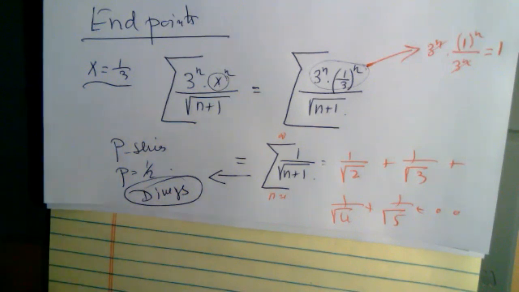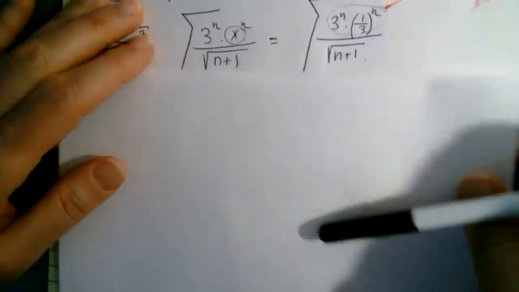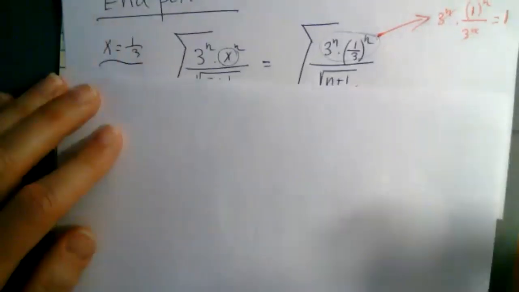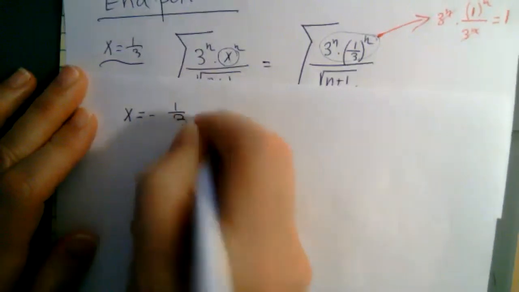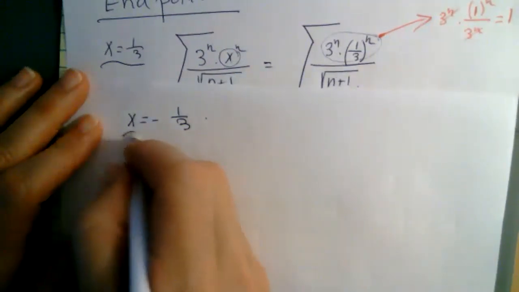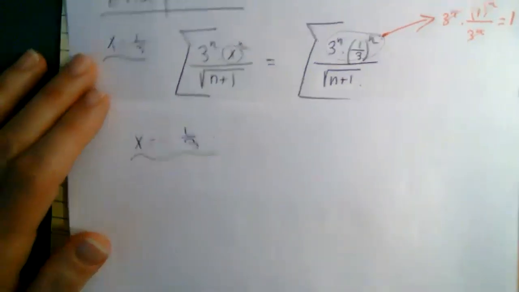All right, so now we're going to take the other endpoint. The other endpoint is x equal to -1/3. And my question is, does it converge there?